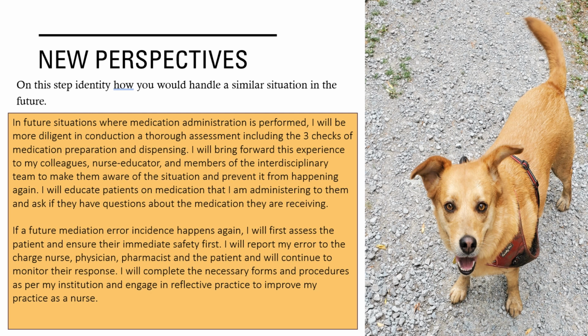Okay. If a future medication incident does end up occurring, I will first assess my patient, make sure that they are safe and stable. And I will then report the error to the nurse, the physician, or the pharmacist, and enter an incident report. So always follow the policies and procedures of your institution.